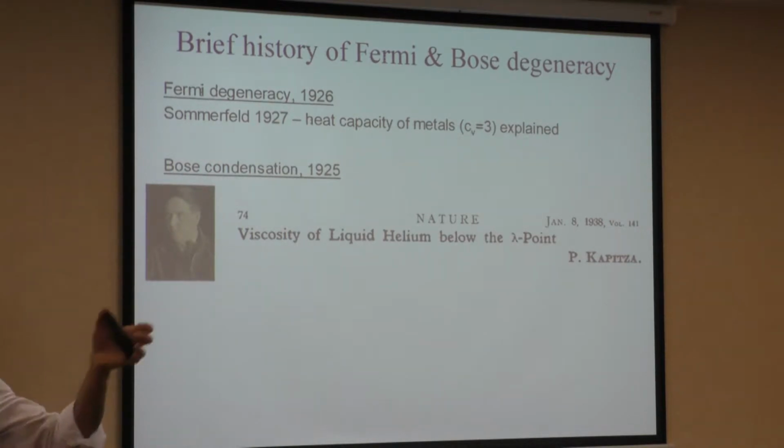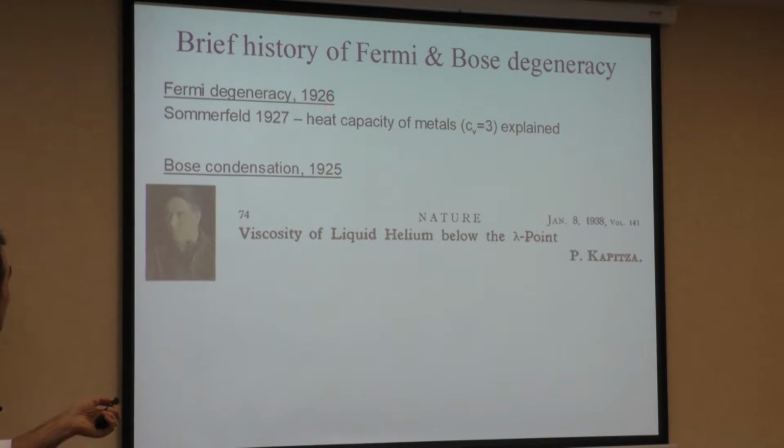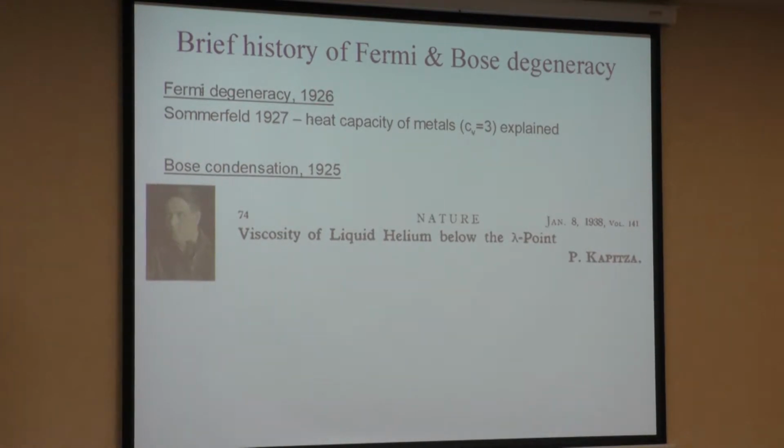Now we know the Bose gas is so important, but the history of Bose gases was not that lucky. For fermions, it was a beautiful situation from the very beginning. The concept of Fermi degeneracy was formulated in 1926. It was recognized immediately.